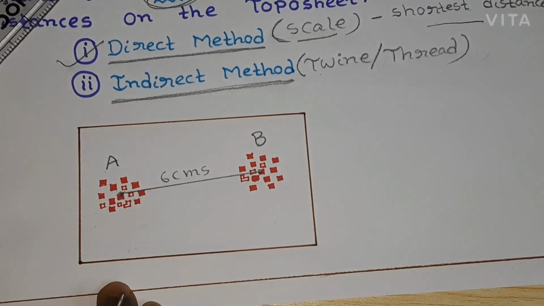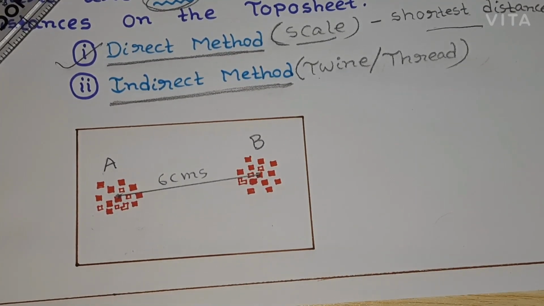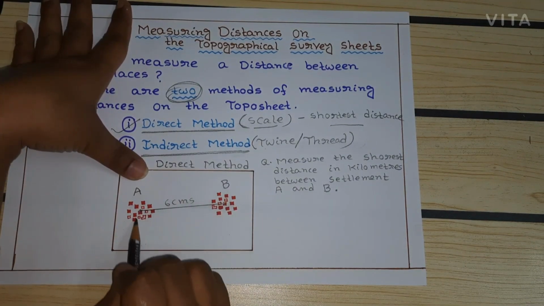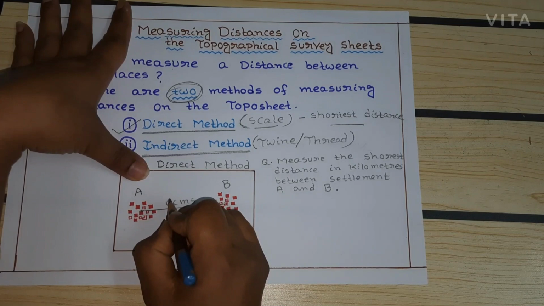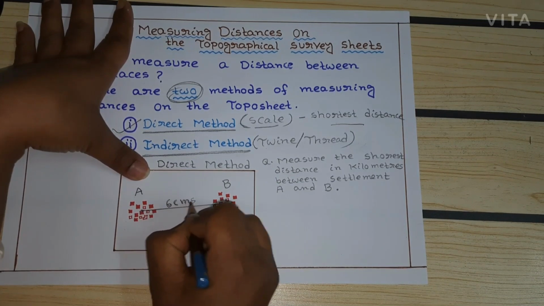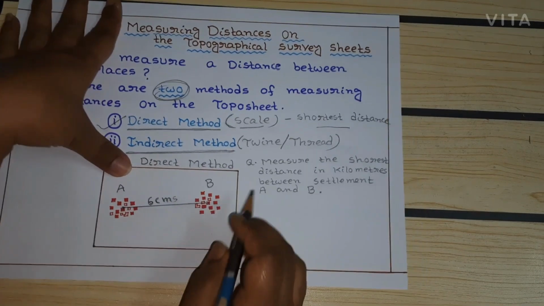Yes? Okay. Now we need to do the calculation. So after taking the measurement using scale on the topographical survey sheet, we got this answer using centimeter scale, that is 6 centimeters on the topographical survey sheet.